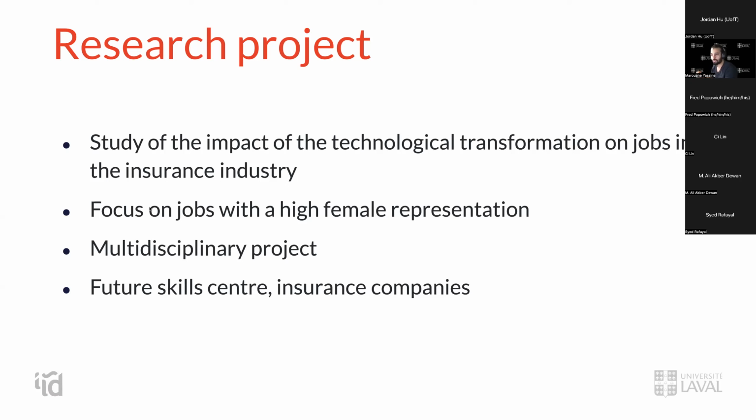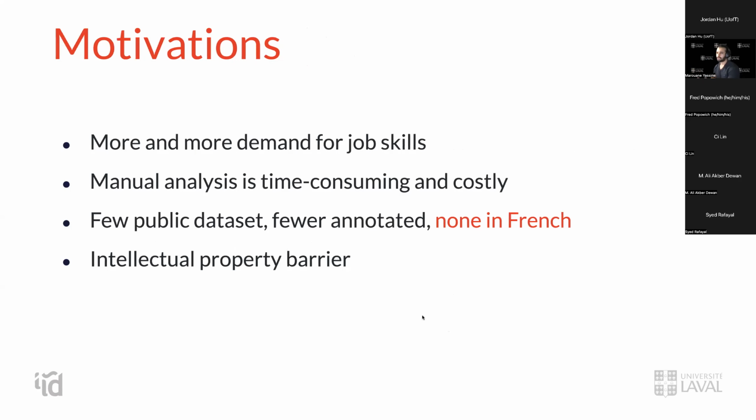And it's a project that focuses on jobs with a high female representation, which is basically due to the fact that the jobs that are mostly affected by the transformation, whether it be clerical or administration type jobs, are dominated by women. So we're focusing on that. And it's also a project led by the Future Skills Center of Canada, as well as a few insurance company partners.